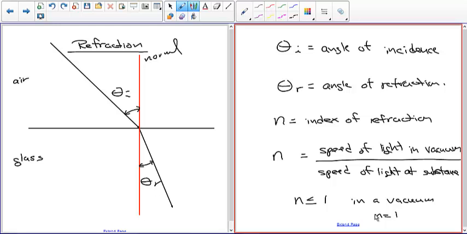This is bothering me, because I don't know how to spell incidence, so I'm going to look it up. Angle of incidence.